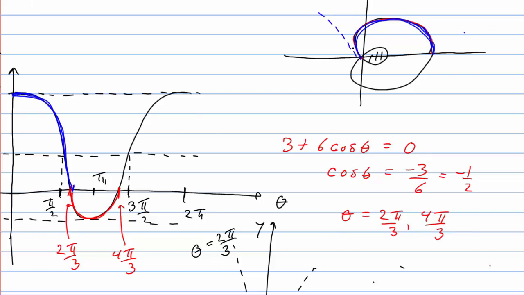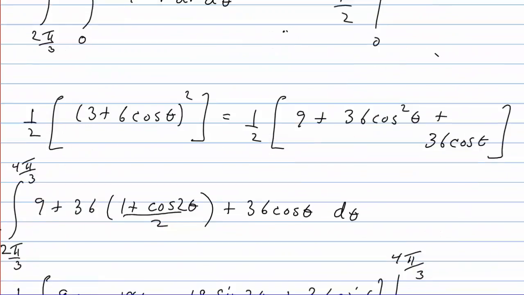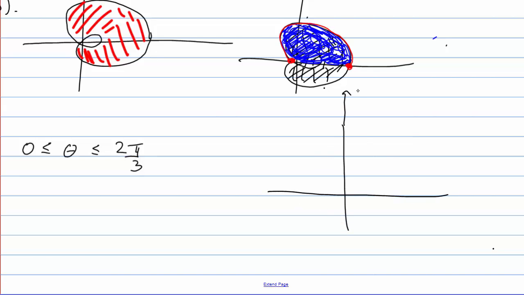Once you went past 2 pi over 3 is when you started doing part of the inner loop. So it's not from 0 to pi, it's from 0 to 2 pi over 3. So namely, the idea is that as long as theta is between 0 and 2 pi over 3, the region that you get will look like that. And that's what we want, right? Because that's what we're going to do, is take that shaded area.